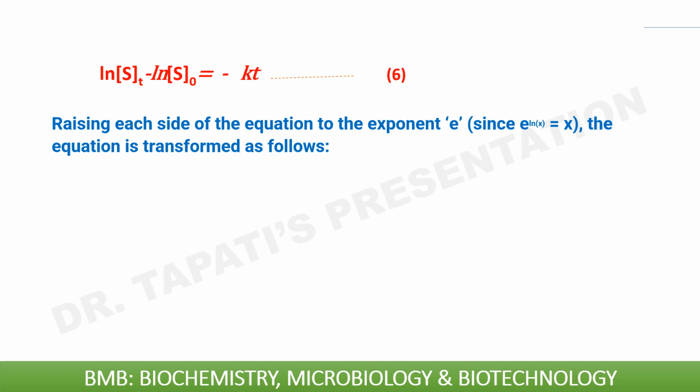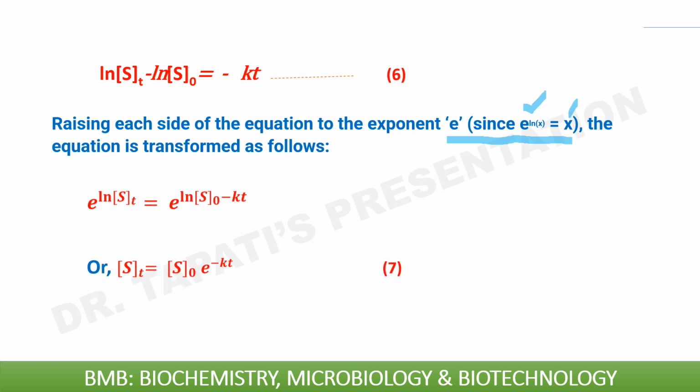Raising each side of the equation to an exponent e, because we know that e to the power ln x is equal to x, the equation is then transformed as follows.